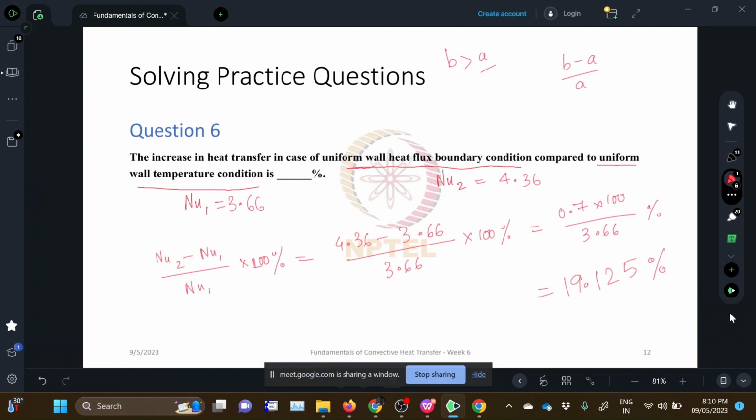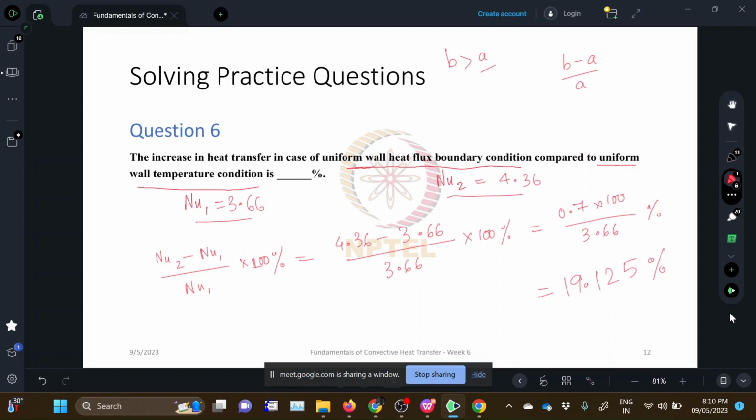Question 6. The increase in heat transfer in the case of uniform heat flux boundary condition compared to uniform wall temperature condition is what percentage? For uniform wall temperature, we found the Nusselt number is 3.66, and for uniform heat flux, the Nusselt number was 4.36.